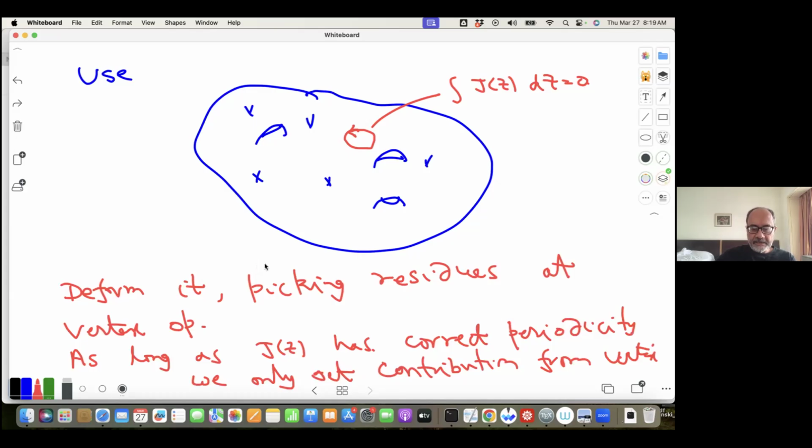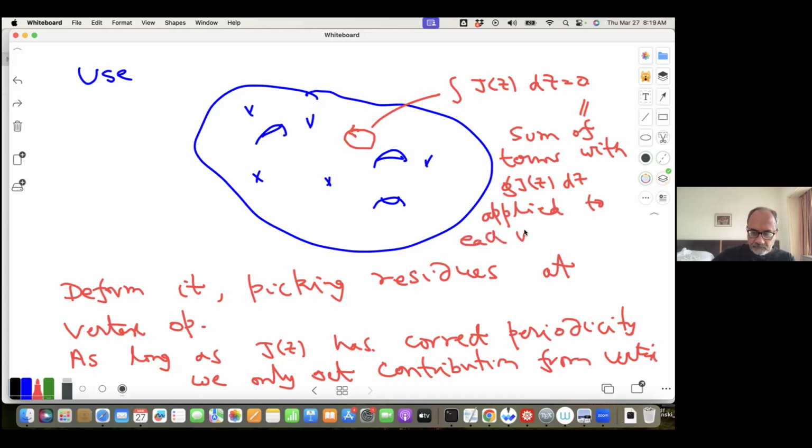Is this clear? So this gives an identity. You start from 0 and express it as a sum of terms, with the integral of J(z) dz applied to each vertex operator. So the idea is that if we can find something similar to J(z) for supersymmetry.